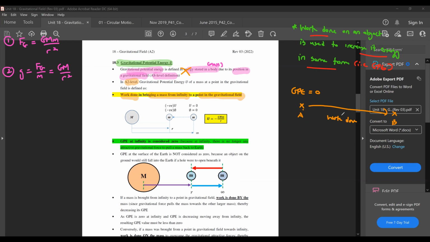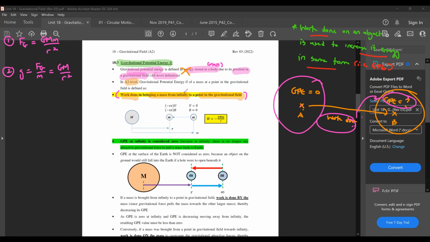So whatever work you do would end up being the GPE at this point here, because the baseline is that you started off from 0 at some point where GPE is defined as 0. If you bring it to some other point inside a gravitational field and you do work, whatever work you've done is actually the GPE at that point. That's why the definition is like this, work done in bringing a unit mass from infinity to a point in the gravitational field.